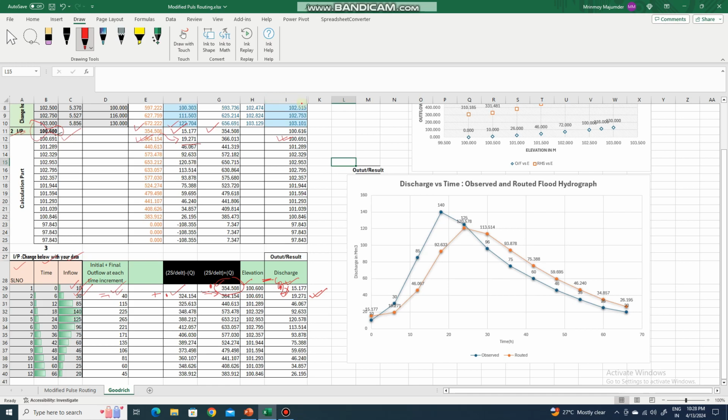And then I will add the 6th hour inflow and 12th hour inflow to that data to find this 2S/Δt plus Q, correct? So if I add both of them, I am getting a new 2S/Δt plus Q data, which will give me a new elevation data, and once I get a new elevation from the trend function or from the graph, I will get a new discharge and again a new 2S/Δt plus Q data.